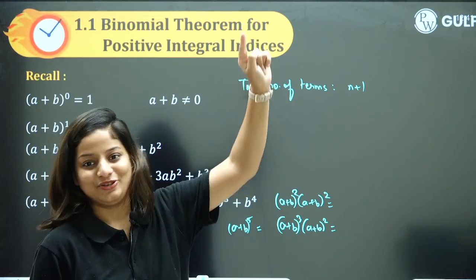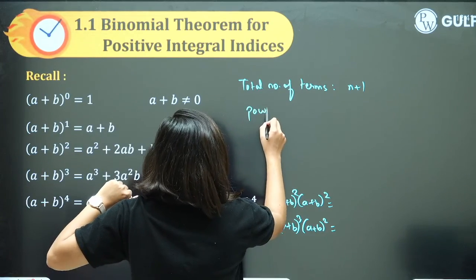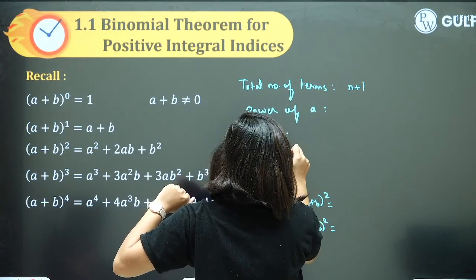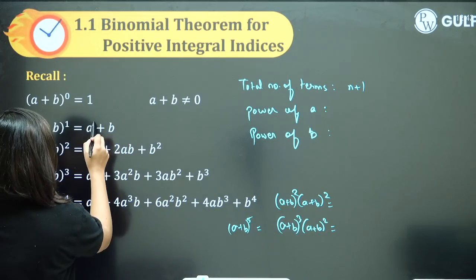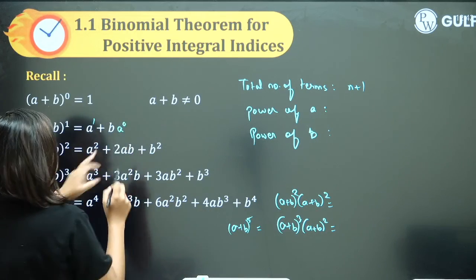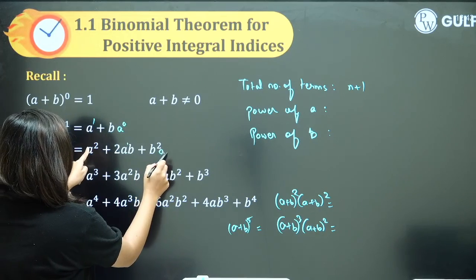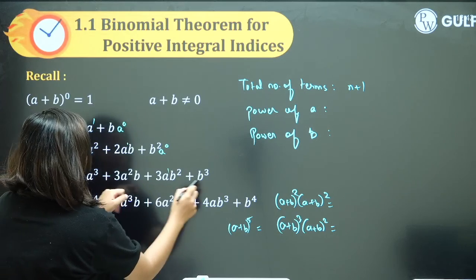Second observation: the power of a. Look at a. The power of a is 1 here and here nothing, a is not there, means 0. Power of a is 2, then 1, and nothing means 0. 2, 1, 0. Then 3, 2, 1 and nothing means 0.